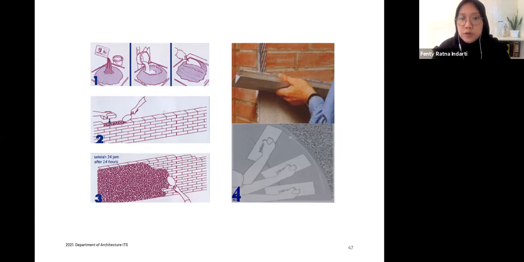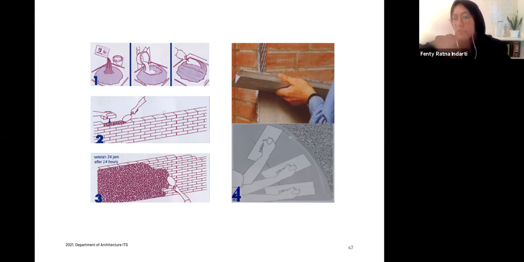But if you want a clean look, or maybe you have another idea, such as ceramic tile, you just add a ceramic tile on top of it. But if you want to use paint and create a flat surface on top of it, you have to put another type of plaster, which is a finishing material called aci in Indonesia.